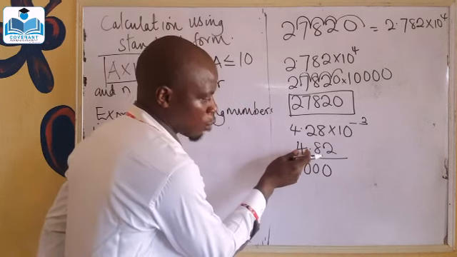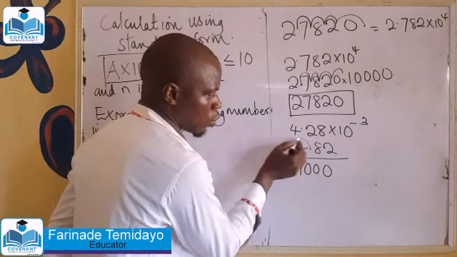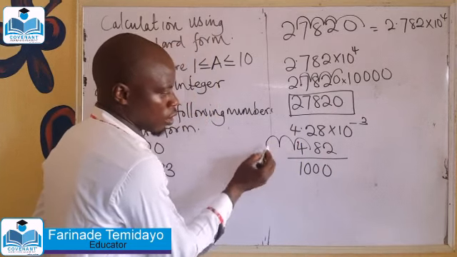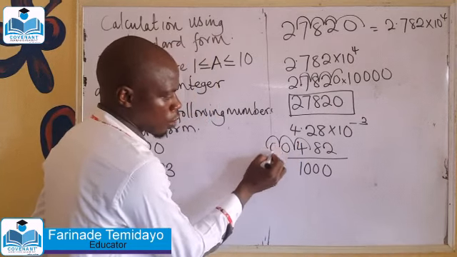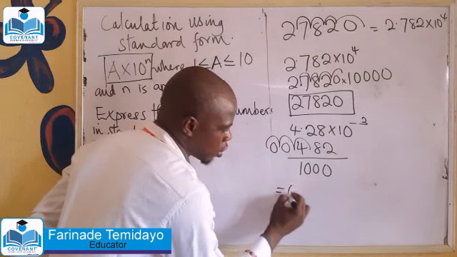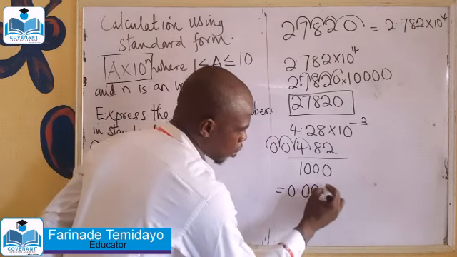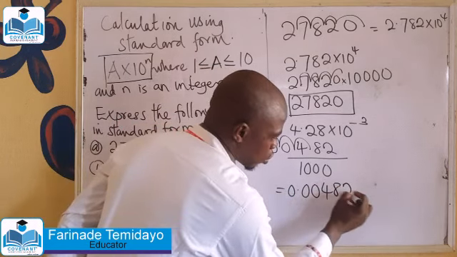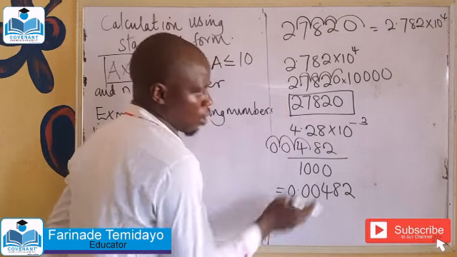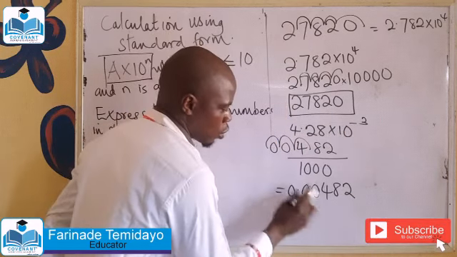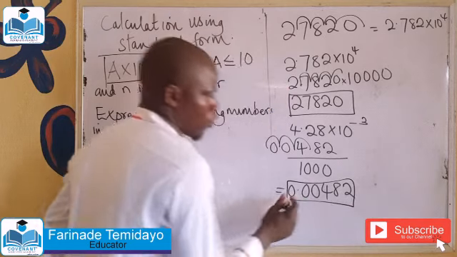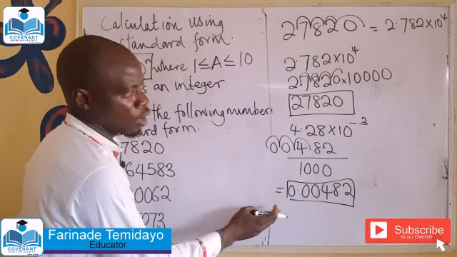Then you have to move the decimal point to the left 3 times: 1, 2, 3. So you have to fill this with 0, 0. So your answer becomes 0.00428. So this is your number from standard form to ordinary number.